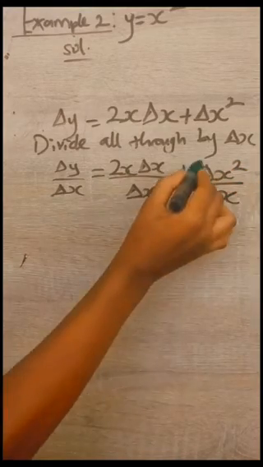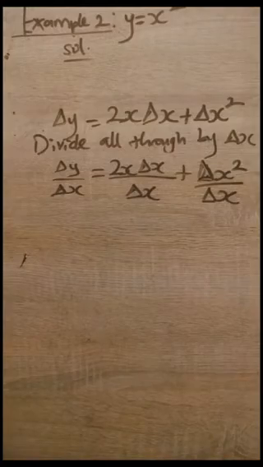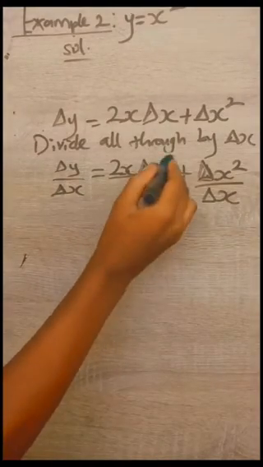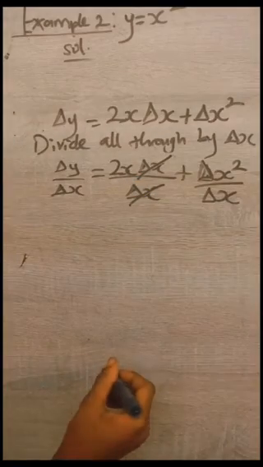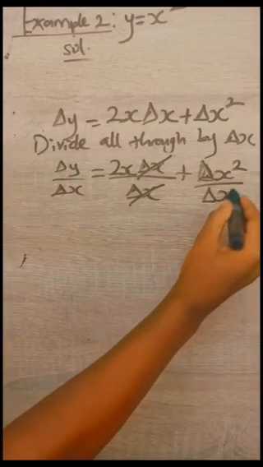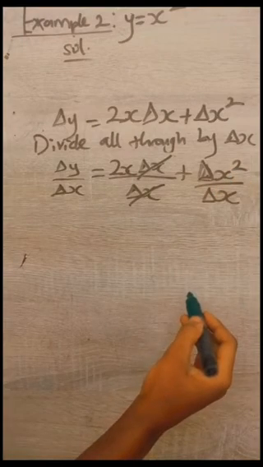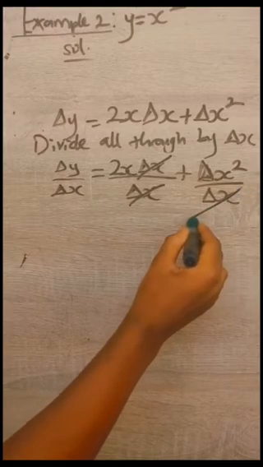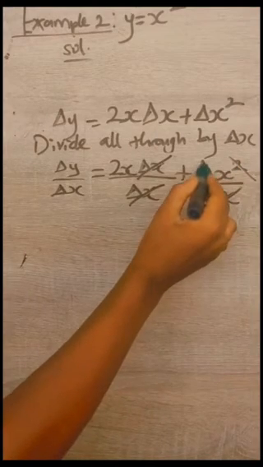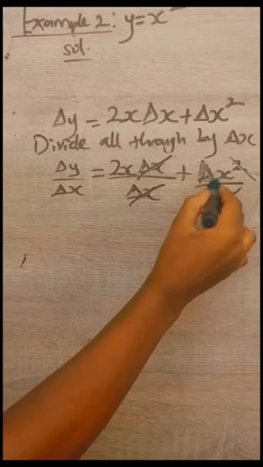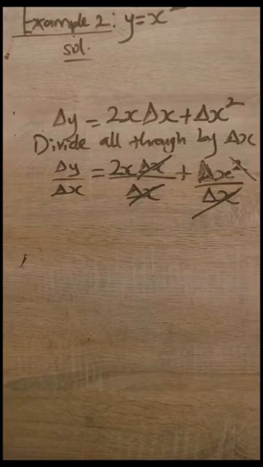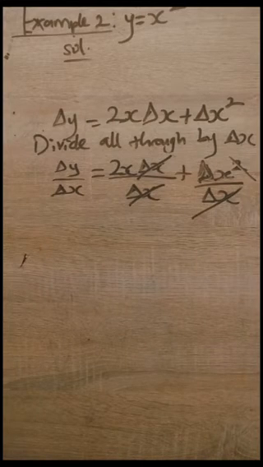Change in x cancels change in x here, and mind you, we have 2 change in x in the numerator of the second term, so one cancels the denominator, and I'm left with change in x.